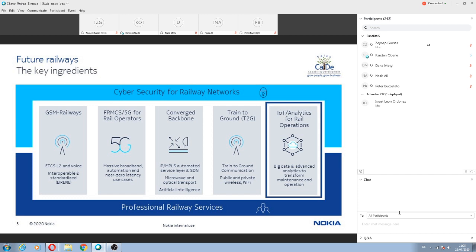Not all of them exclusively, but these are the main drivers around digitalization and the future of railways, which we are pushing ahead. And as you can see here on the right, there's also 1 box around IoT analytics for rail operations and everything we are doing there. And that's where we put a bit of a focus here today, and especially on a single use case. But all the other topics, you saw already other training sessions and/or others will come up.